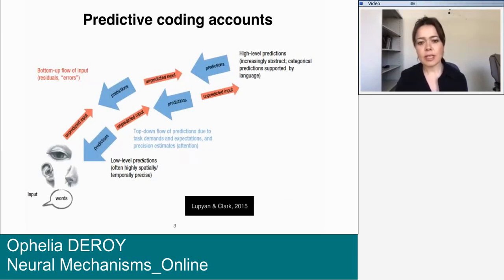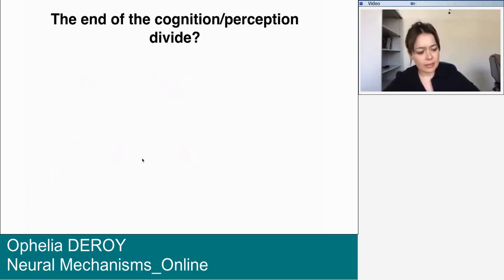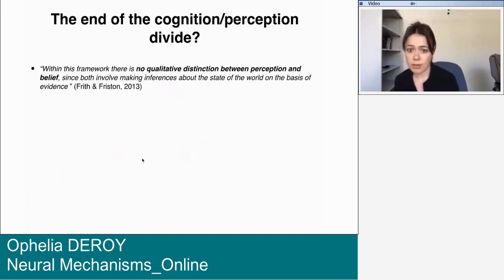Now, what is interesting here in the success of this account, both in the neuroscience and in the philosophical landscape, is that most of the proponents of these models have predicted that they mark the end of the cognition-perception divide. And I've just extracted a few representative quotes.